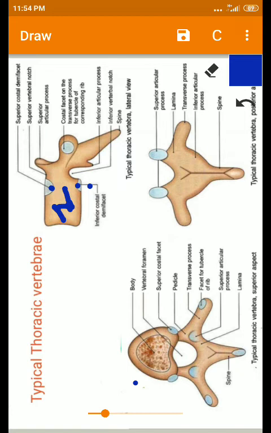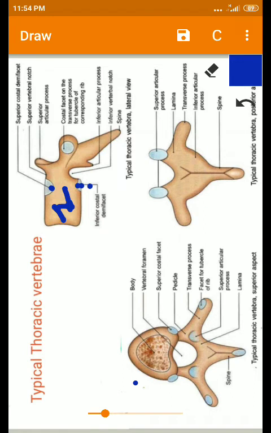That means after 2, which number do you get? Third one. So the inferior costal demifacet is going to articulate with the head of the third rib.